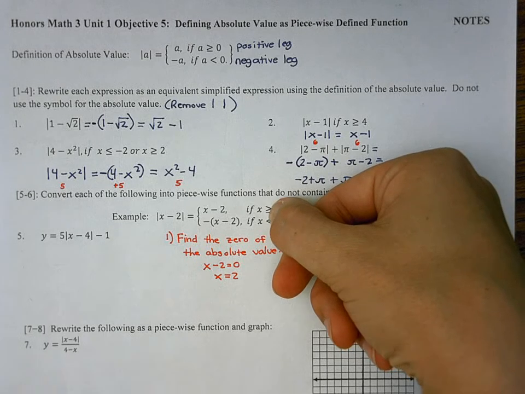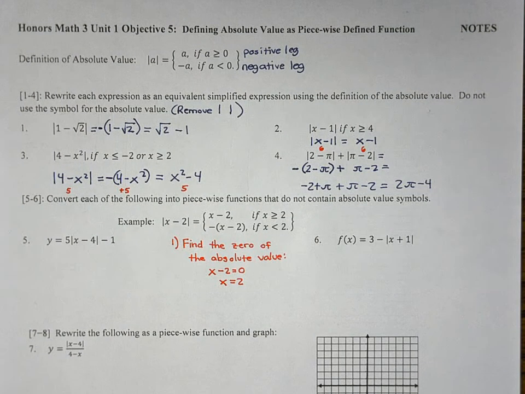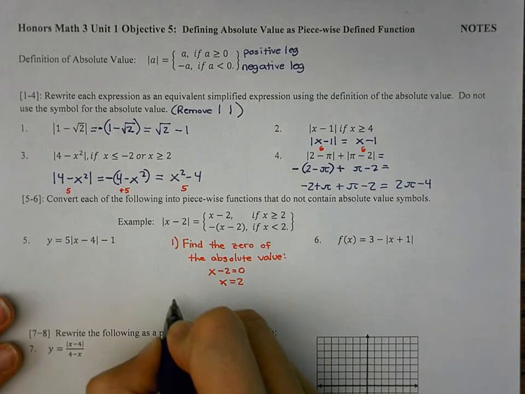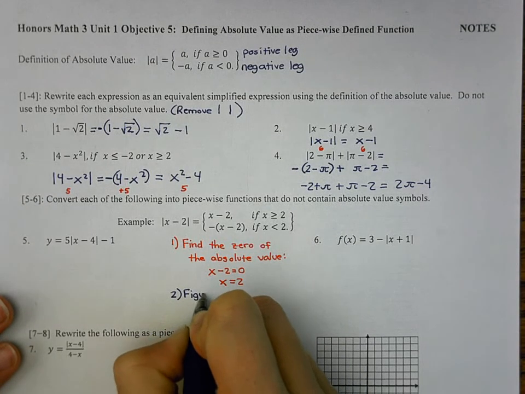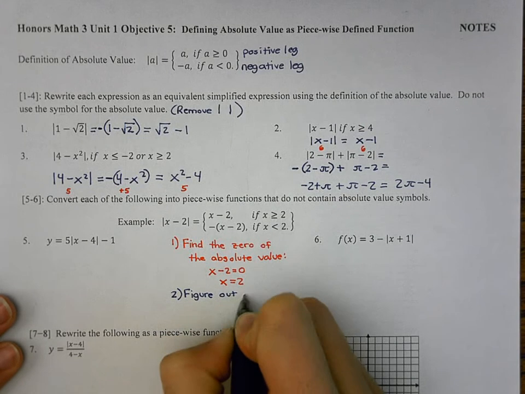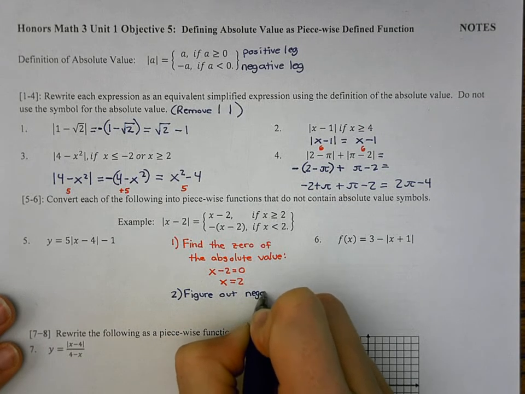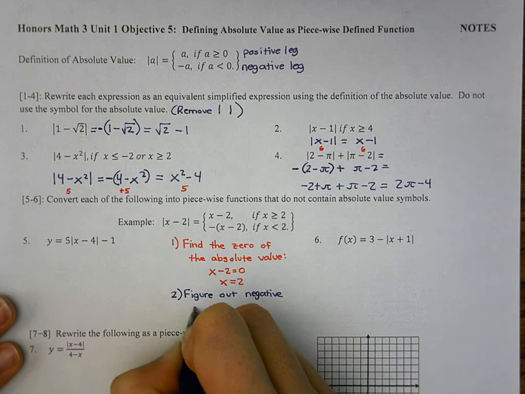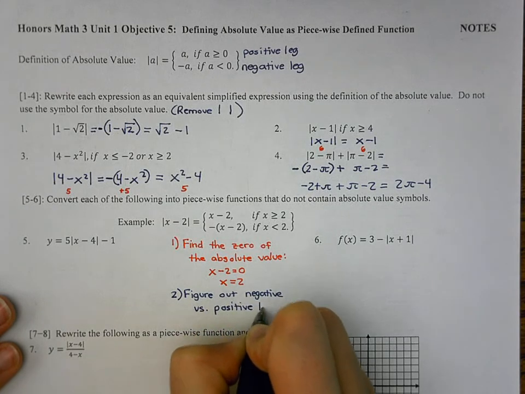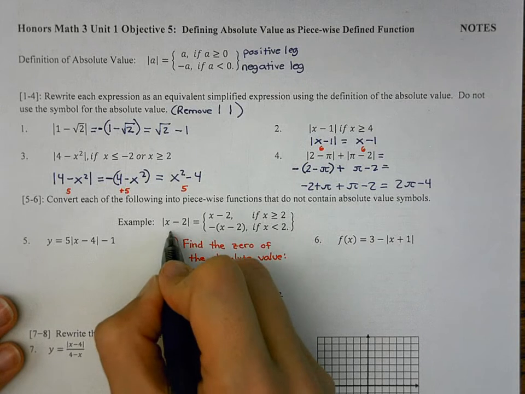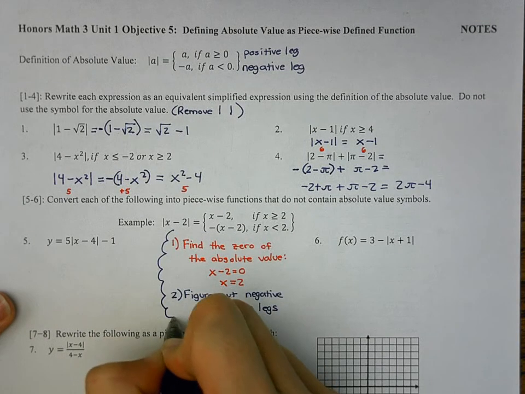Okay? The second thing that we will then be doing is to figure out negative versus positive legs. And this second step is going to be pretty much exactly what we were doing up above.